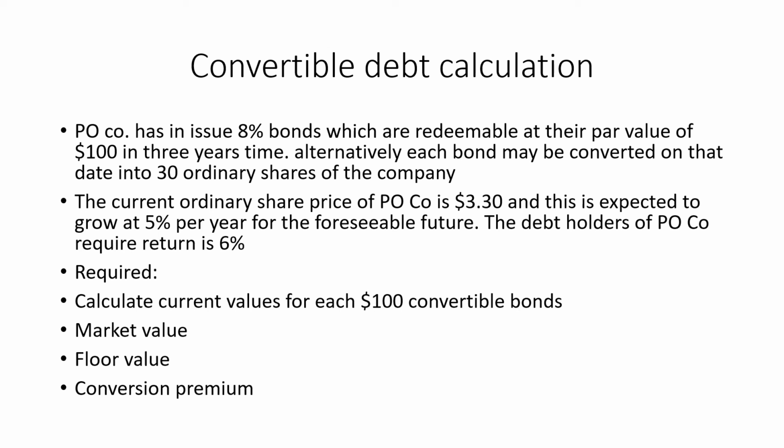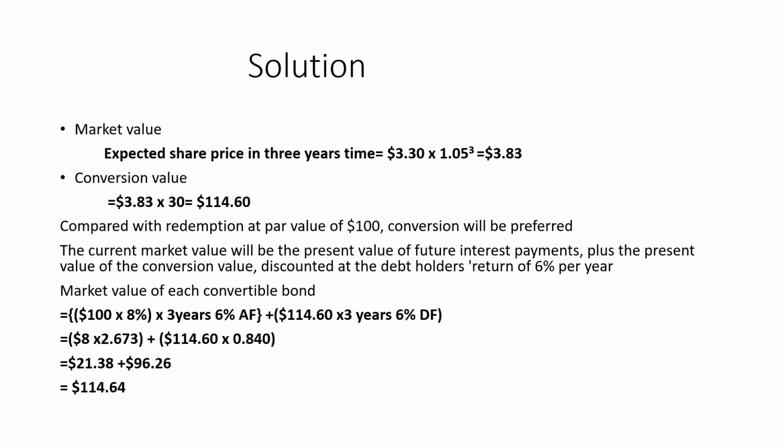So here we are required to calculate the current values for each $100 convertible bond, that is, the bond's market value, floor value, and conversion value. Now, looking into the solution, first of all we have to find out the market value.